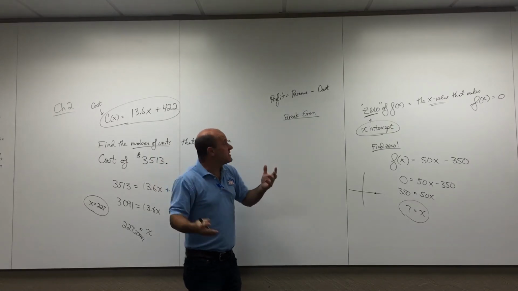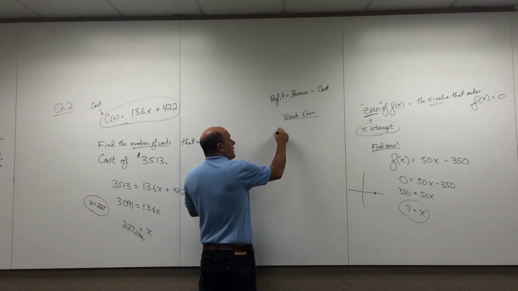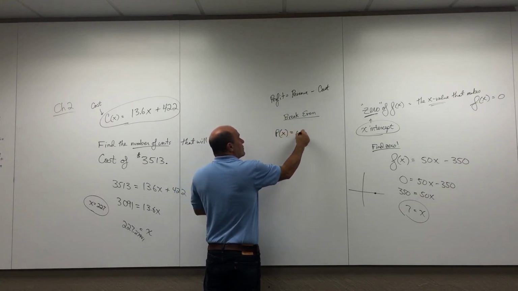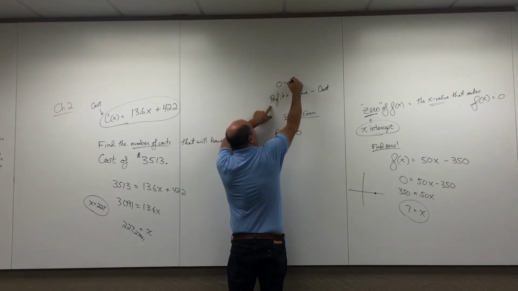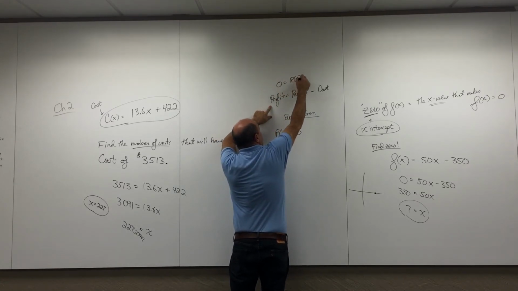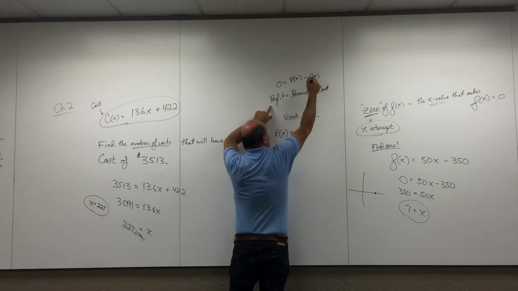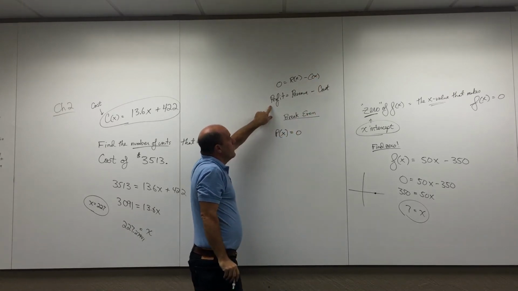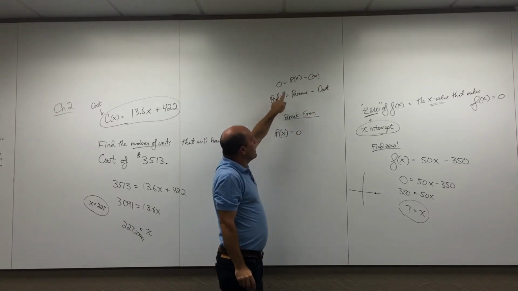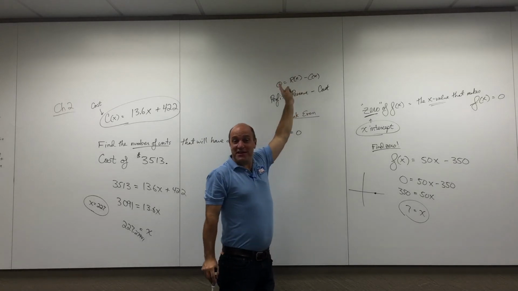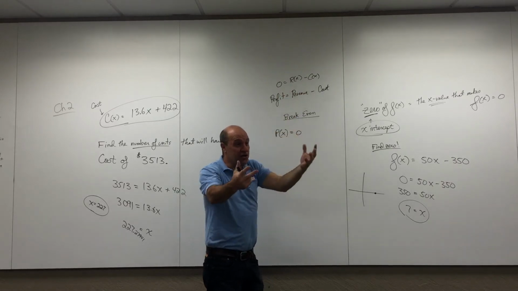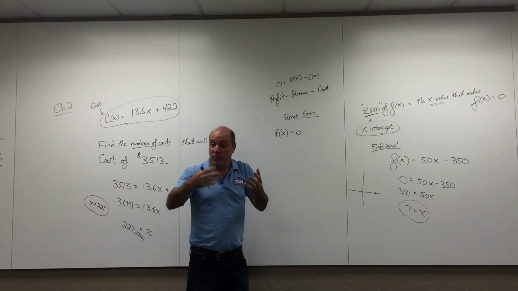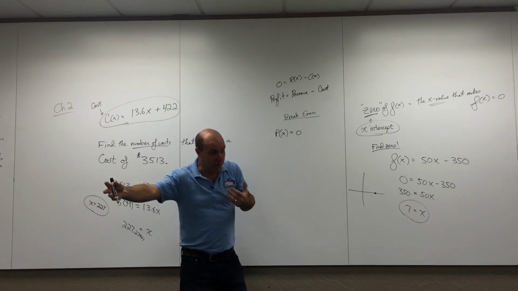If your profit equals 0, what's another way to say this? If your profit is 0, it must mean your revenue and your cost equal each other. Maybe that makes more sense to you. But yeah, that's when you've broken even. The money you've taken in has balanced out with the money that you're paying your employees and everything.